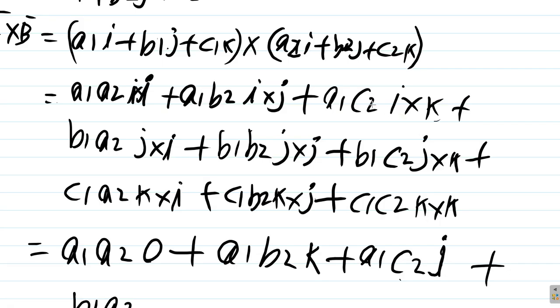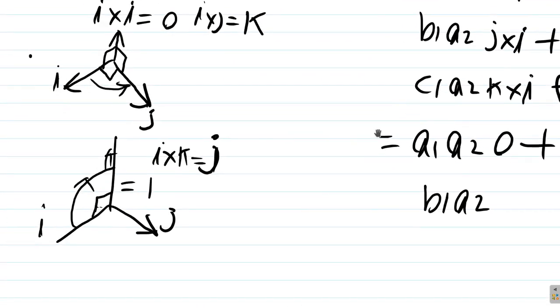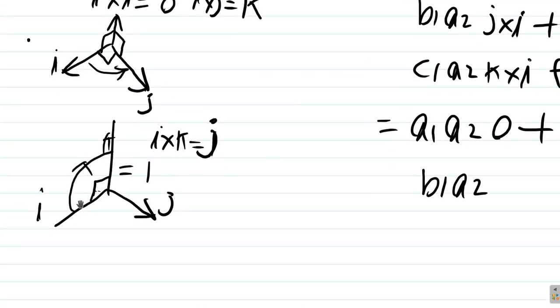that's I cross K. If you cross I cross K, hold on, we need to maintain a certain direction. So we swing this upwards.